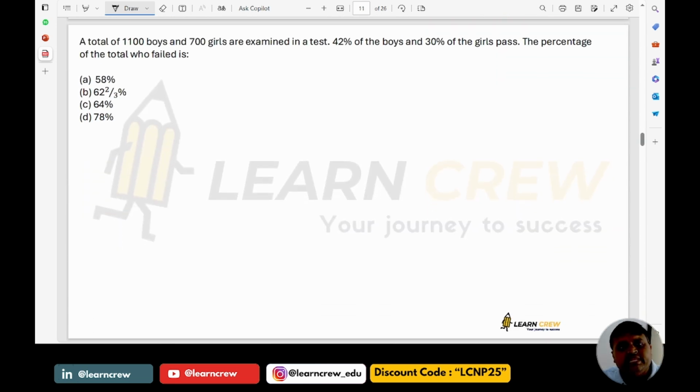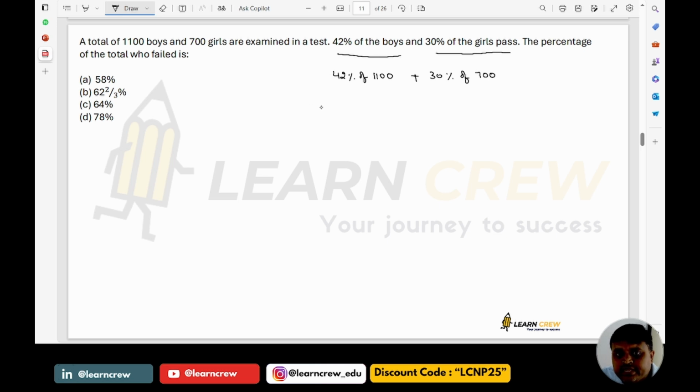A total of 1100 boys and 700 girls are examined in a test. 42% of boys and 30% of girls passed the examination. Find the percentage of the total who failed. So it is 42% of 1100 plus 30% of 700.